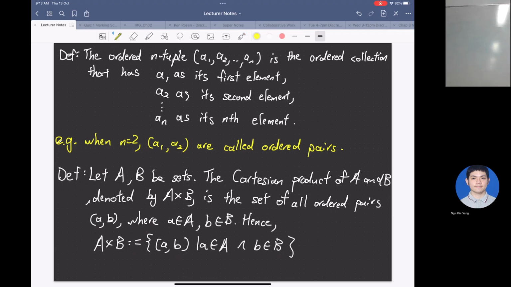So, for example, let's take A equals {1, 2} and B equals {2, 3}. So what is A cross B? What do you have?